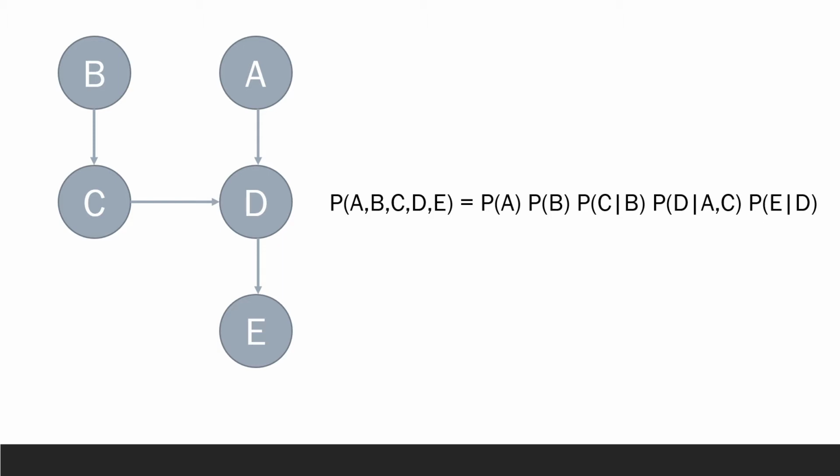Then the probability of A, B, C, D, E is equal to P(A), then P(B), then P(C given B), multiplied with P(D given A and C), multiplied with P(E given D).